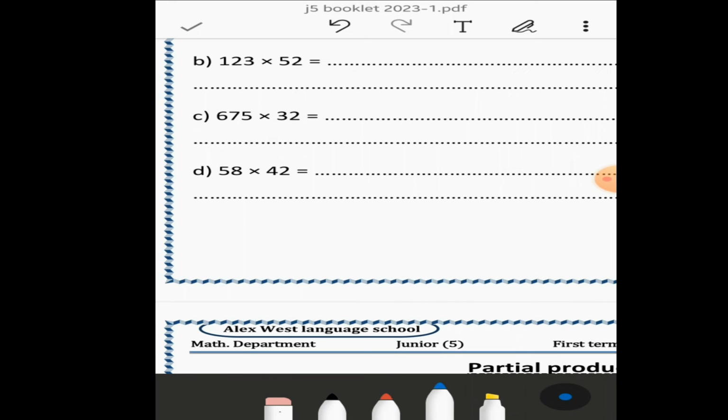I will solve this example by using the distributive property, as I will fix 52 and decompose 123. So I will say that 52 times 123, it will be 100 plus 20 plus 3.